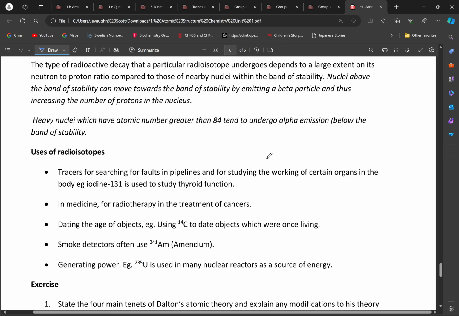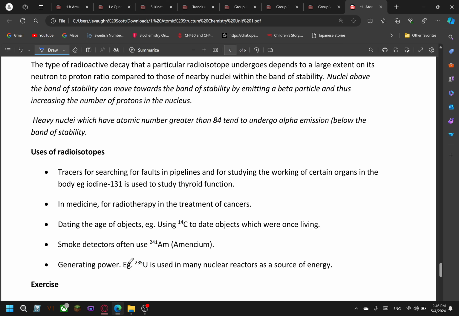In medicine, radiotherapy is used in the treatment of cancers. Radium is used for x-rays. Carbon dating uses carbon 14, smoke detectors use americium 241, and nuclear power is generated using uranium 235. If they ask you to state the use of 3 radioisotopes, you should be able to do that. Shouldn't be much of an issue, should it?